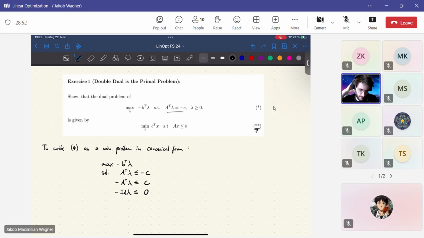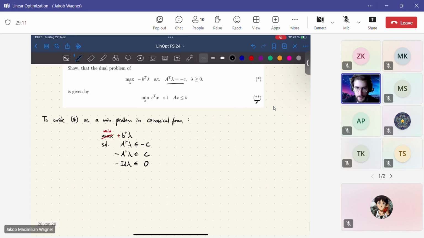Because we want to have a minimization problem, we can rewrite this maximization over minus b transpose lambda as a minimization over plus b transpose lambda. And so we have a problem now in canonical form: minimize some inner product subject to general inequality constraints.